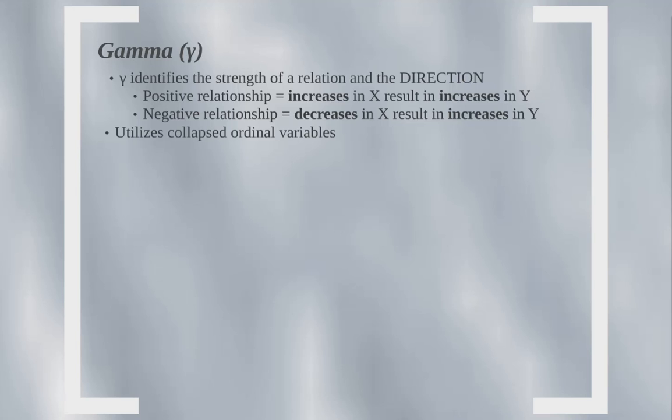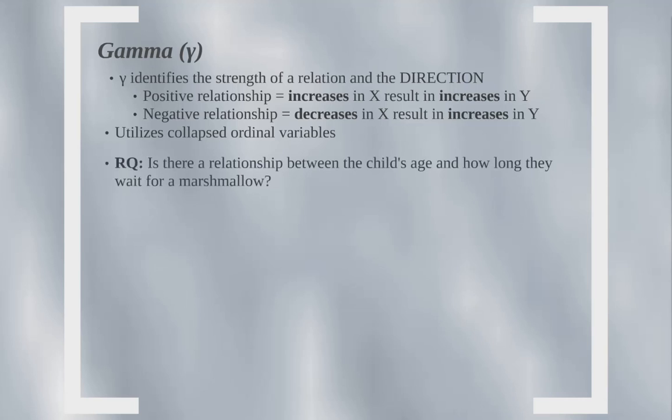Again, gamma utilizes collapsed ordinal variables. Let's look at a research question here. Say we're interested in the question, is there a relationship between the child's age and how long they waited for a marshmallow? Let's say we measured age by just stating younger and older.